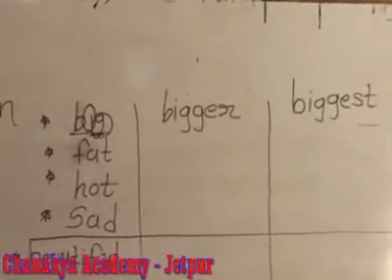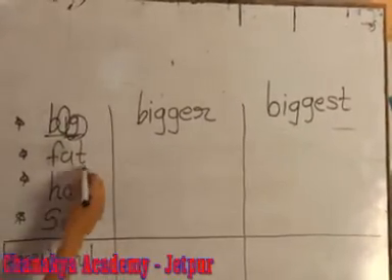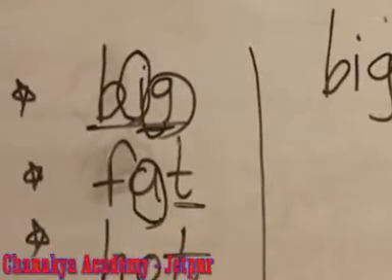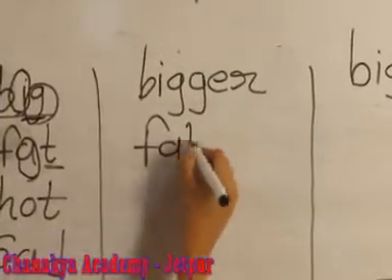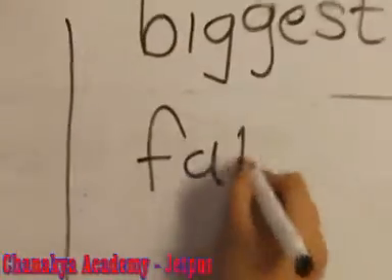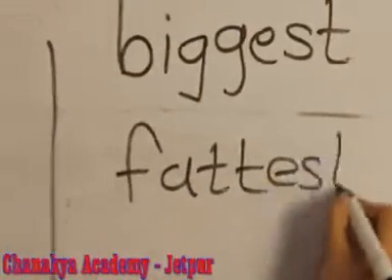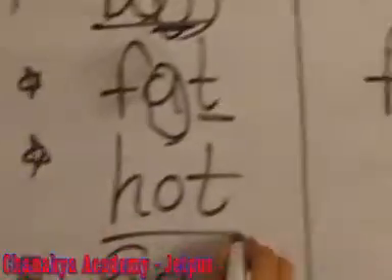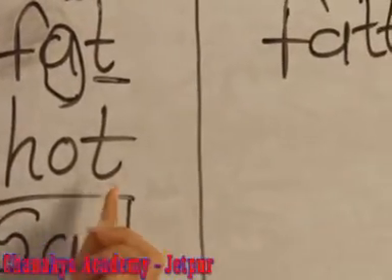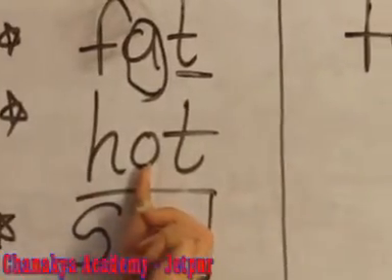Again, observe the next word, it is fat. T is a consonant and it is preceded by a vowel which is a. So it will be fatter and fattest. Next is hot, which ends with a consonant and is preceded by a vowel.